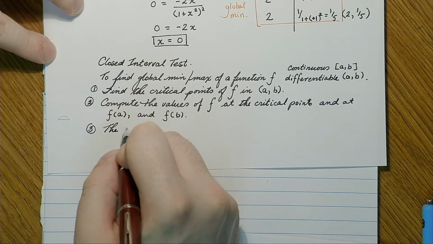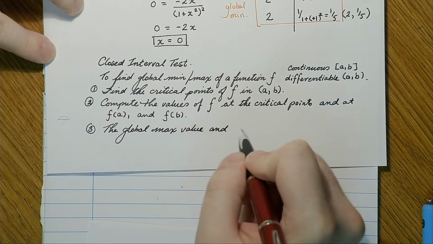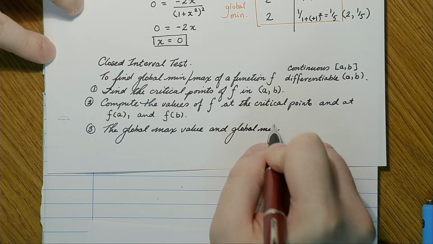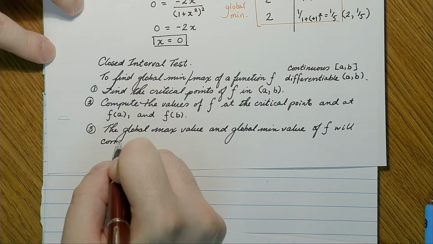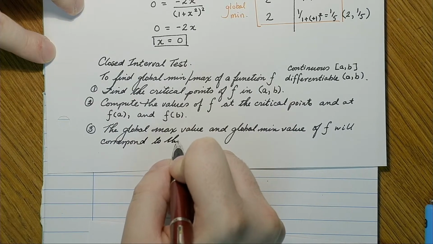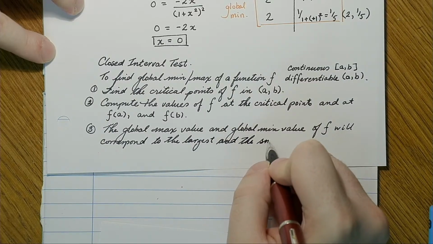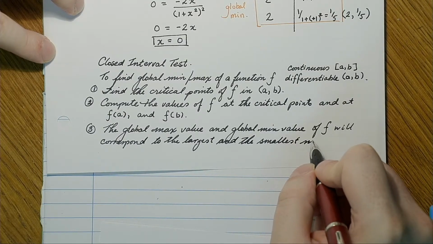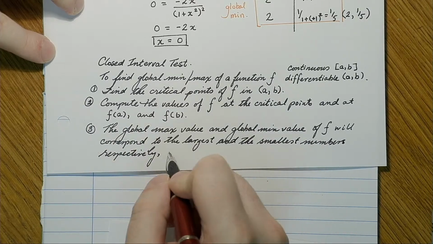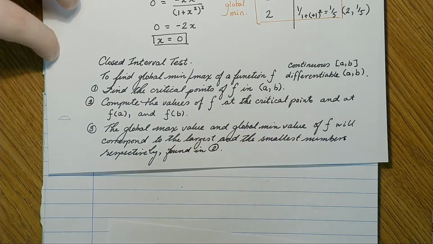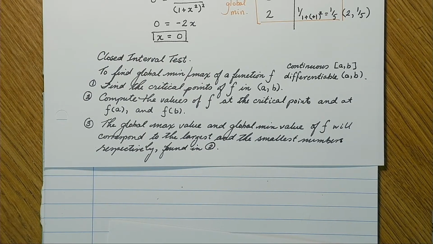So the global maximum value and the global minimum value of f will correspond to the largest and the smallest numbers, respectively, found in step 2.